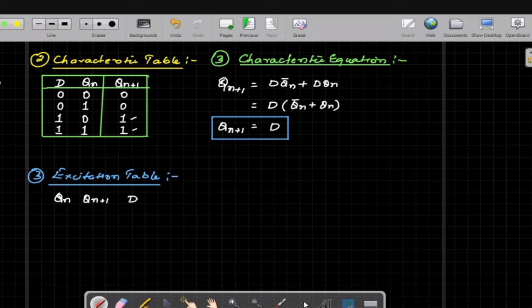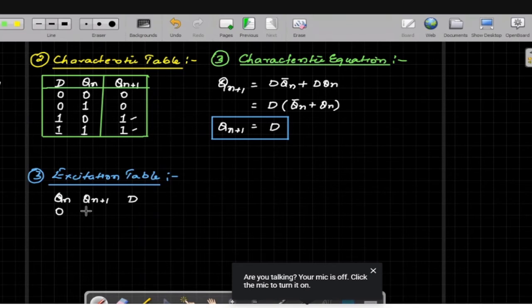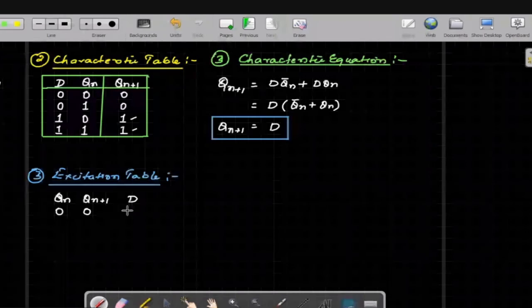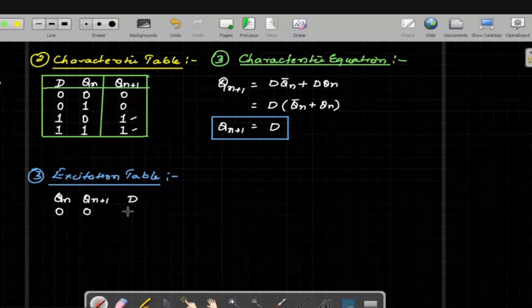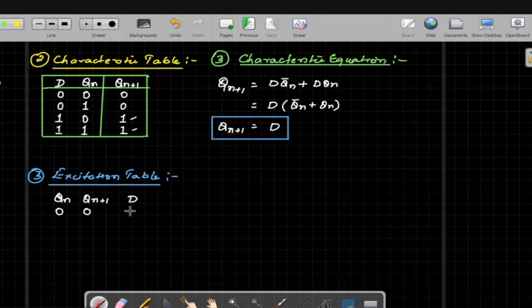So this kind of transition can be summarized as, for example, if my previous output is 0 and I want to remain it 0, what will I apply at D? 0. 0. Very good.